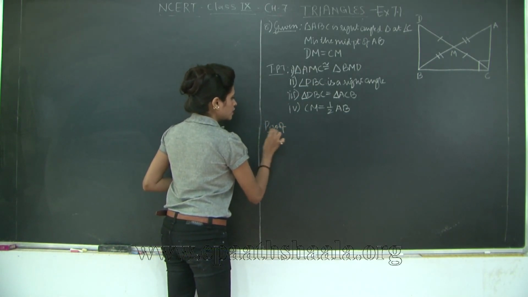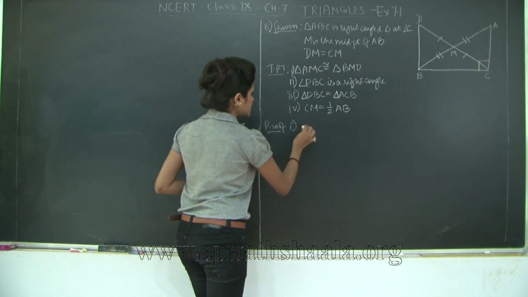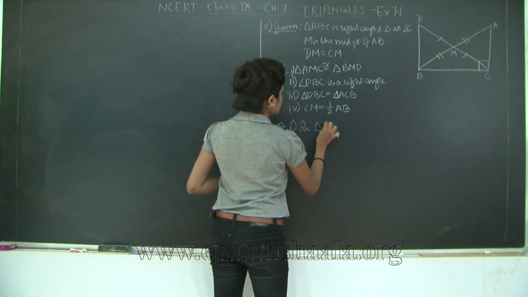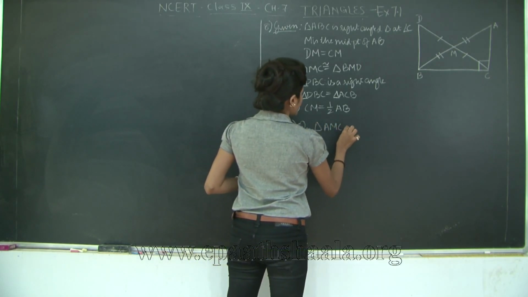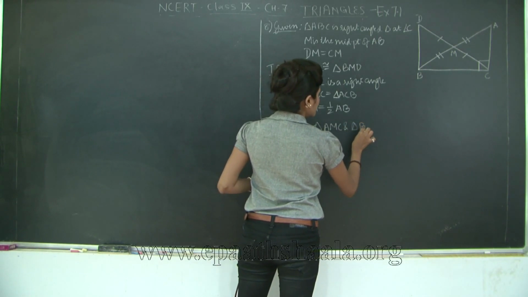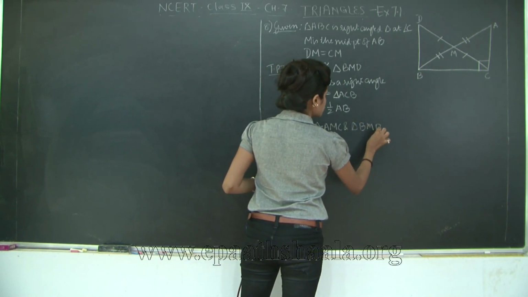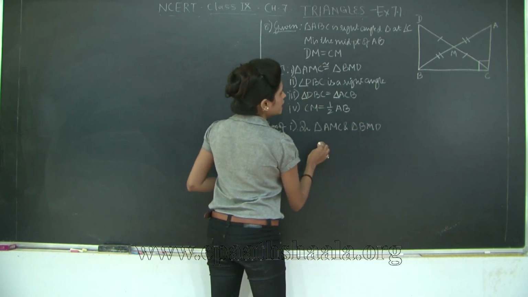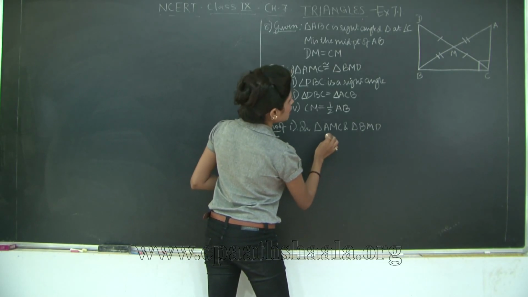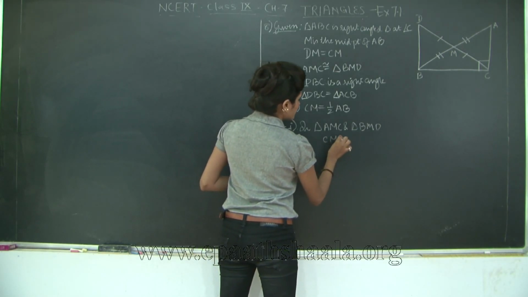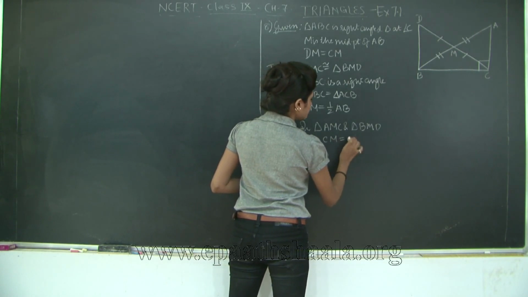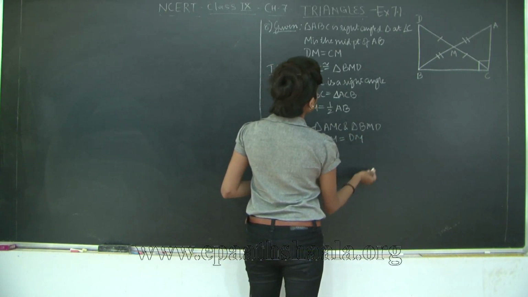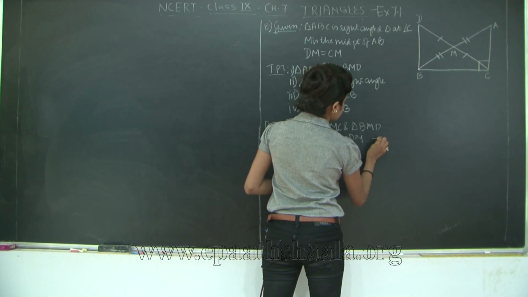So proof for the first part, I'll say in triangle AMC and triangle BMD, you have DM is equal to CM, so CM is equal to DM, correct? This is given.